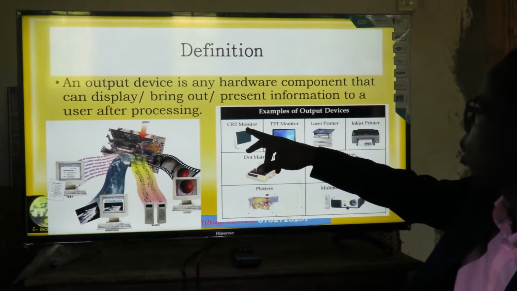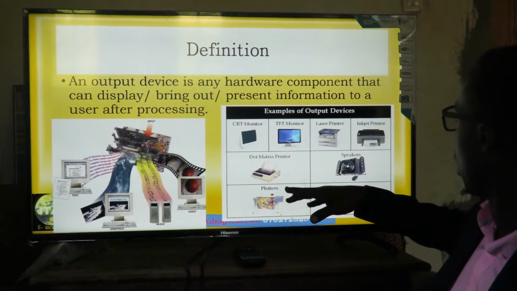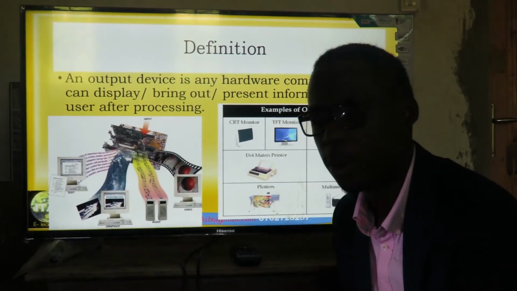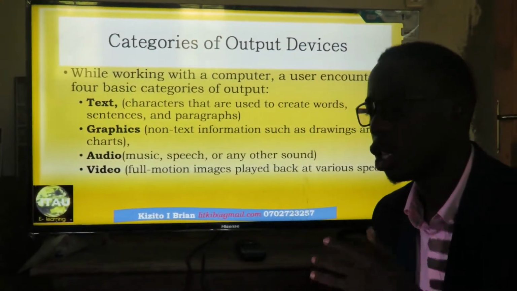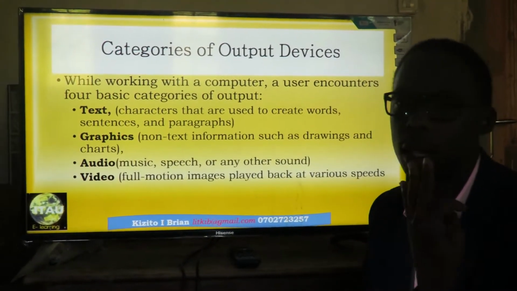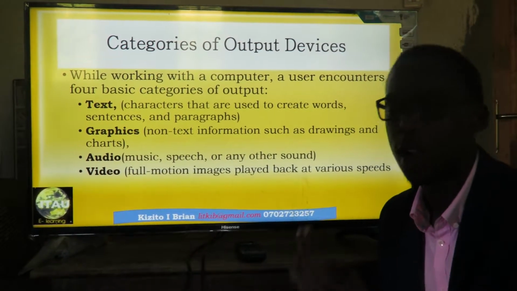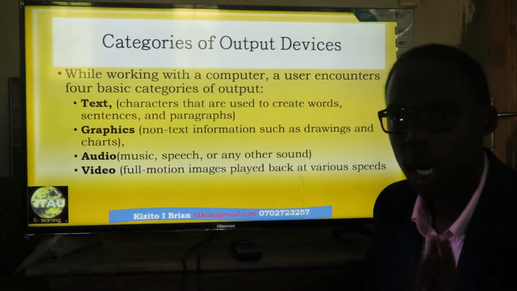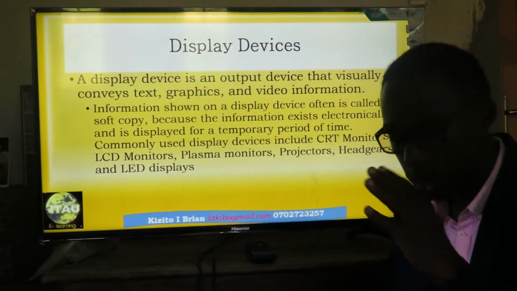We have the CRT monitors, the flat screen monitors, we have printers, we have projectors, we have speakers, and so on and so forth. These output devices are going to be grouped basically into 3 or 4, where we have text output devices, graphical output devices, audio output devices, and video output devices.